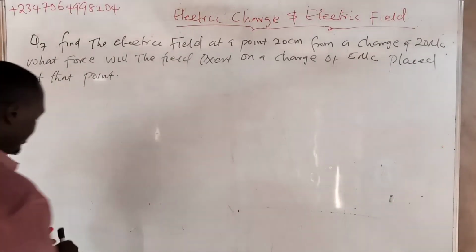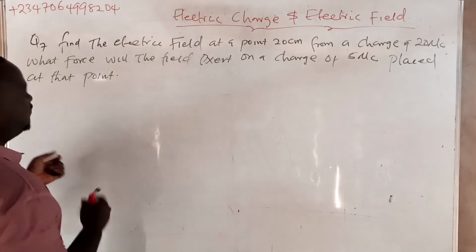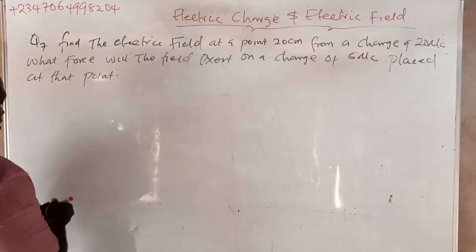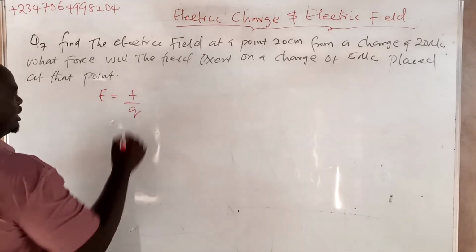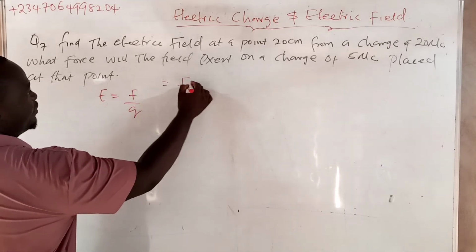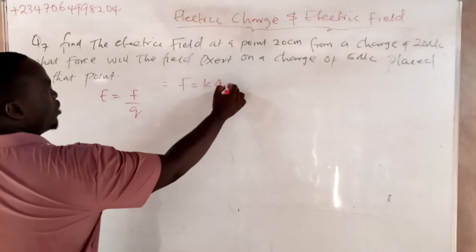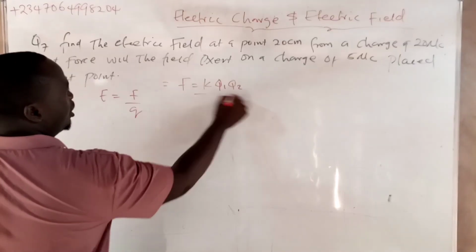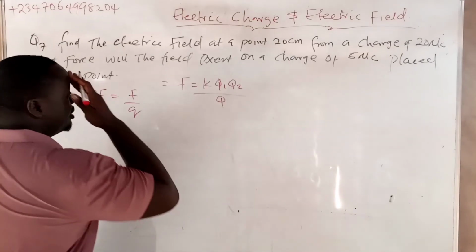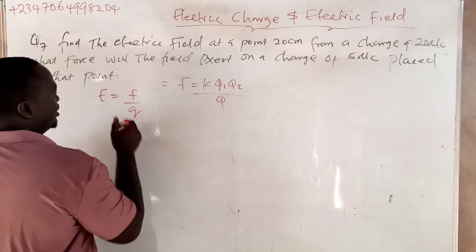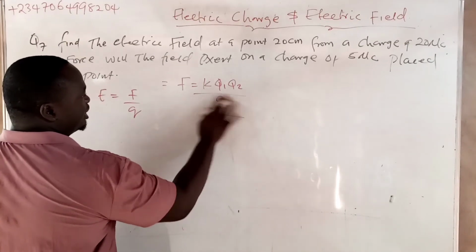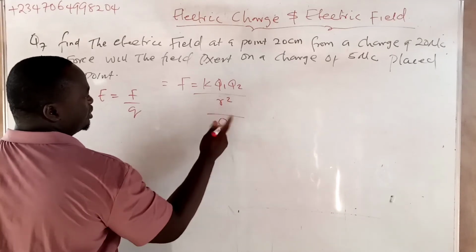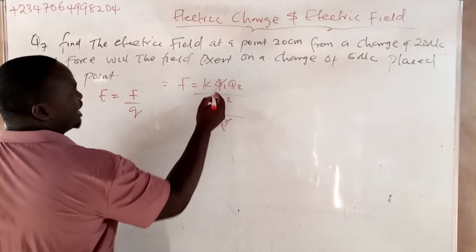So the first thing, remember that the electric field formula is force per charge. And remember that if force is K, Q1, Q2, all over R squared, it means that electric field, which is force per charge, if I divide everything by charge here, this one will cancel one here.